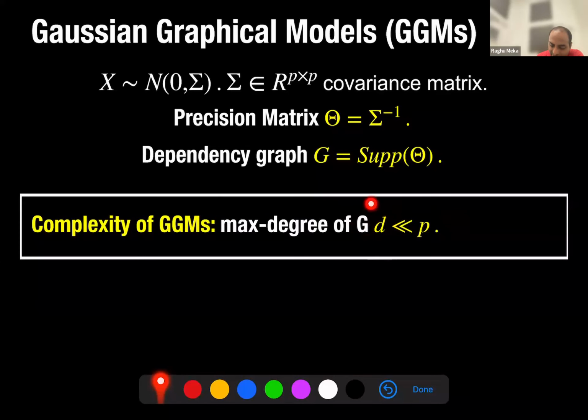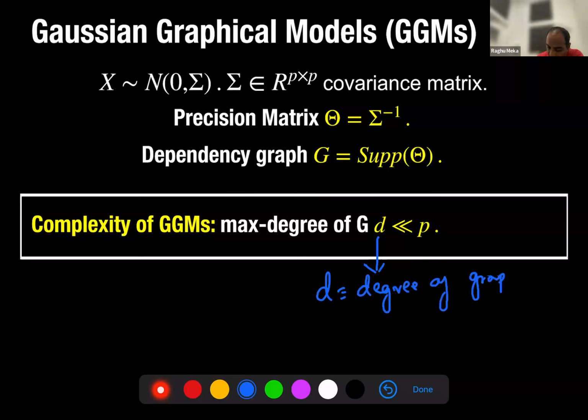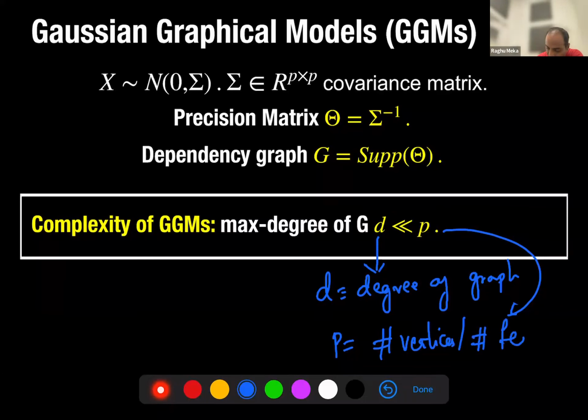And as I said, there's some slight change in notation here, but hopefully that's not too confusing. So D equals degree of graph, P equals number of vertices slash number of features.